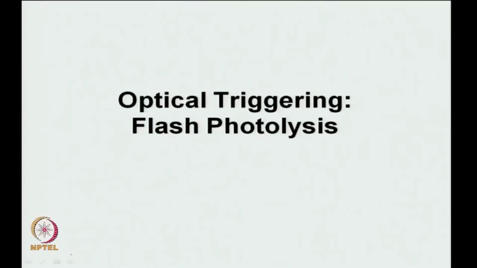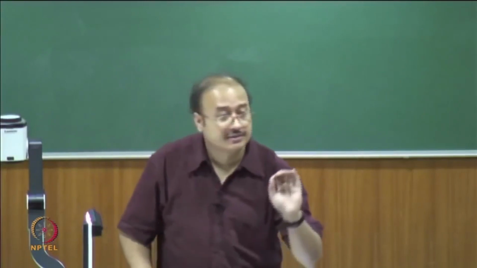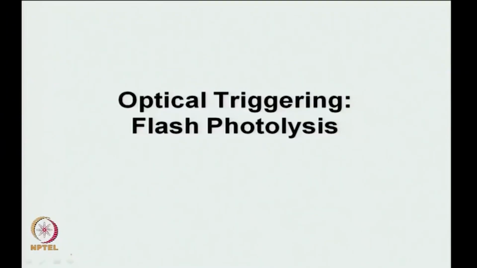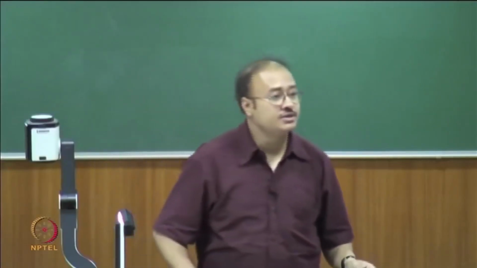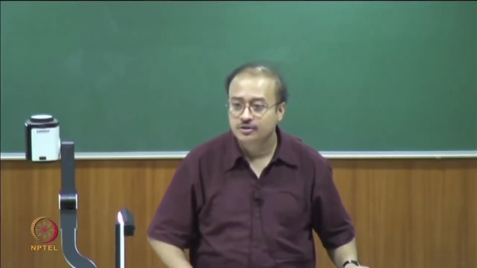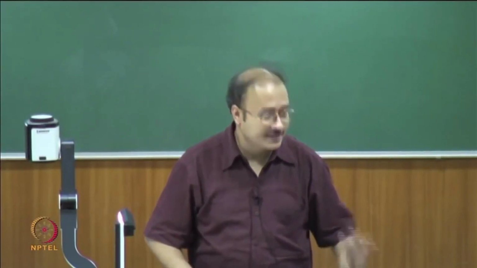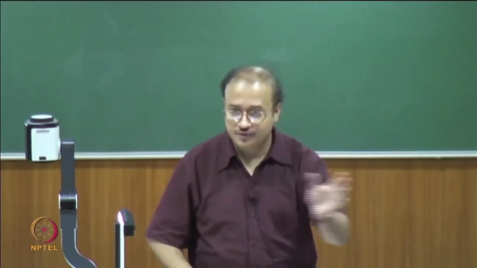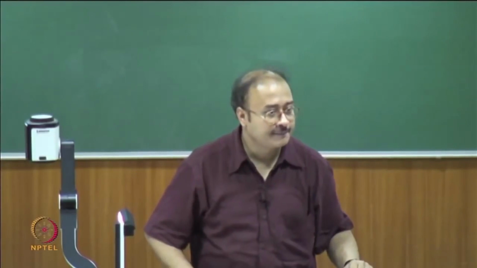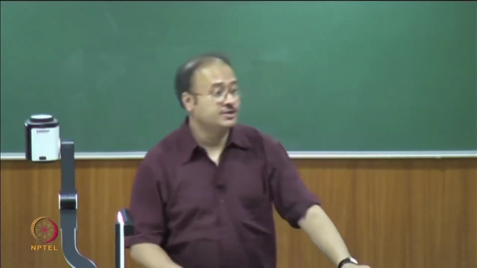relaxation method, okay. And the last technique that I am going to discuss with you, an experimental technique, is known as optical triggering of flash photolysis. Okay. So, optical triggering means you trigger using some sort of light, some sort of optical thing. What is a flash photolysis?